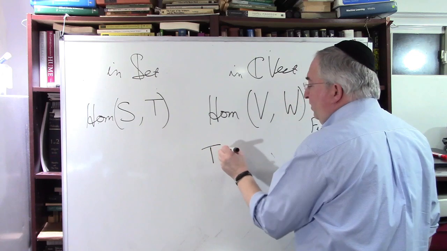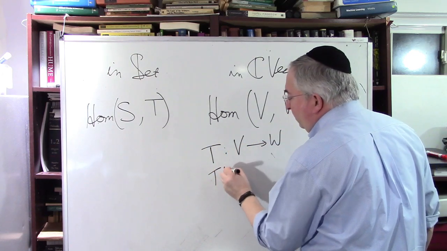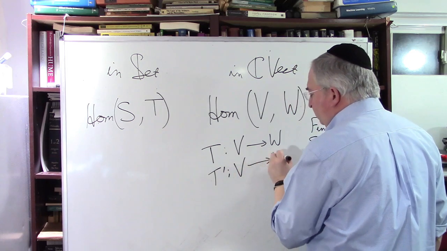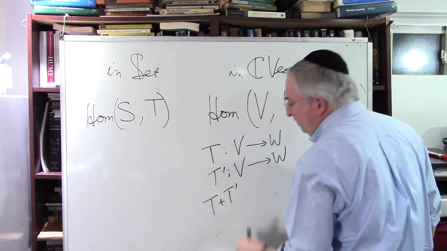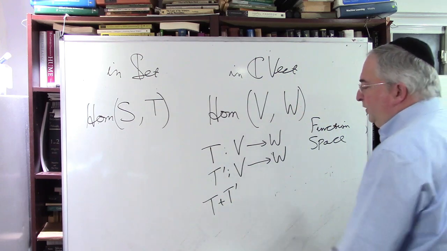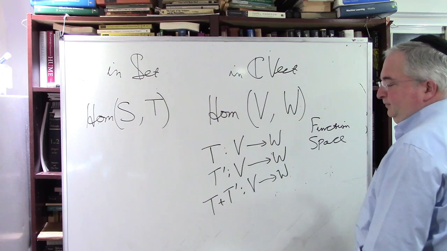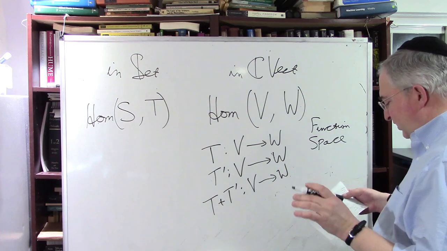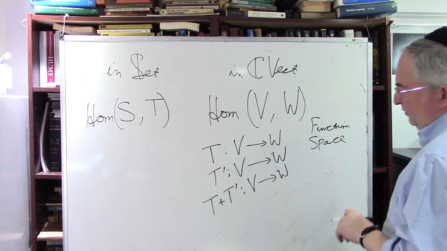Given T from V to W, and T prime from V to W, we can get T plus T prime, which goes from V to W. And it's done exactly the way you think it's done.